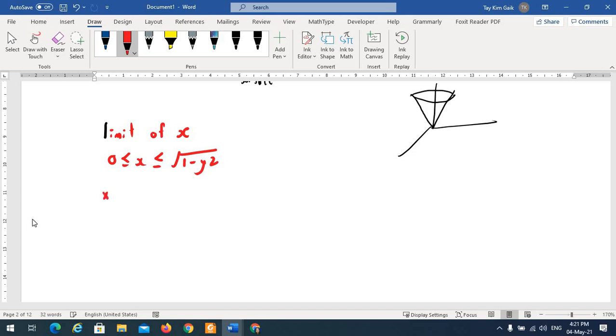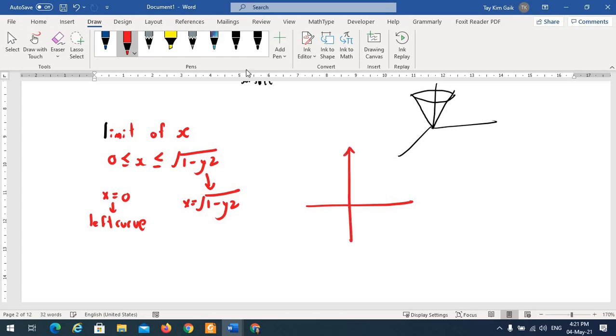So x equals 0 is the left curve. The upper limit tells you the right curve, which is x equals square root of 1 minus y squared. So again, you need to be familiar with the graph. x equals 0 is exactly the y-axis.